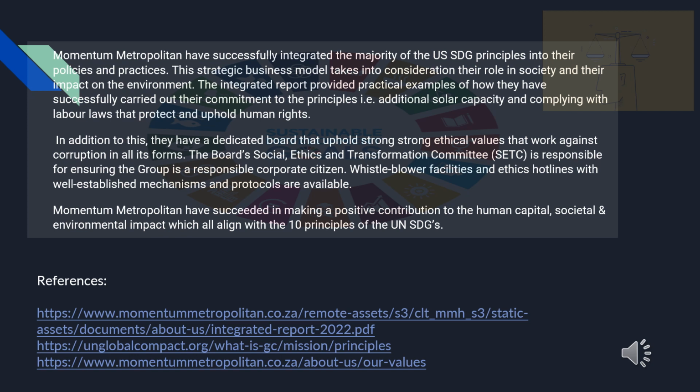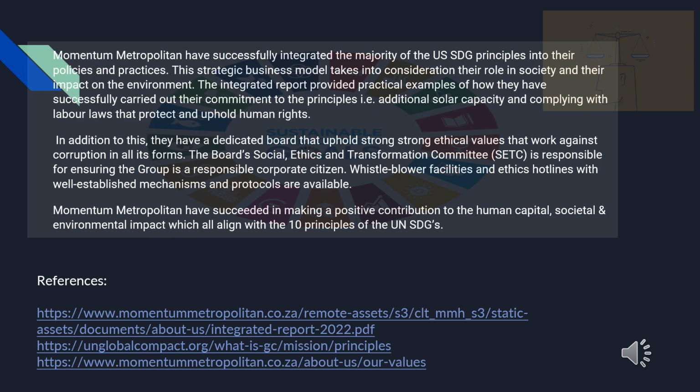They have sustainable business models implemented that allow for the introduction of solar capacity, and they comply with all labor laws that uphold and protect human rights.